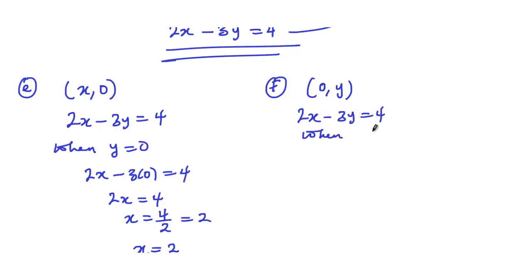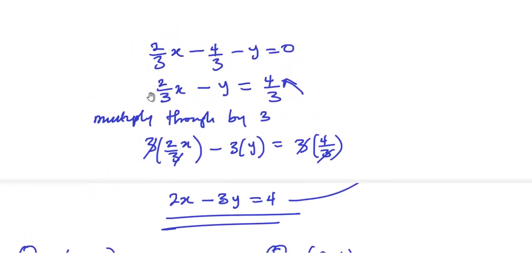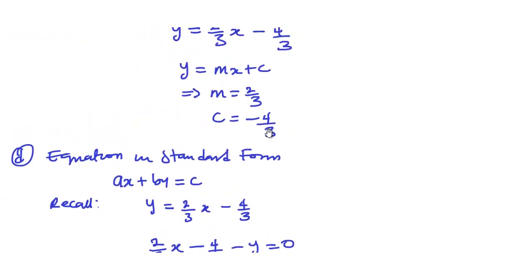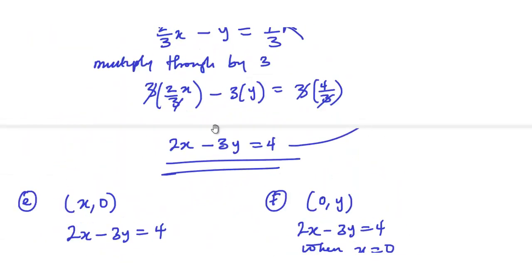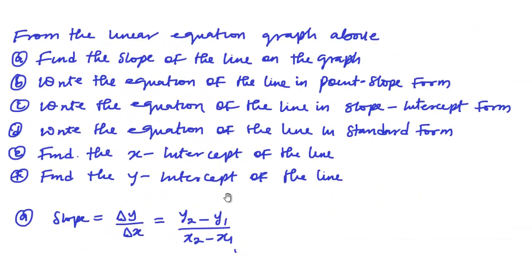So when x is equal to 0, we have 2 into bracket 0 minus 3y is equal to 4. So minus 3y is equal to 4, because 2 times 0 will give us 0. So y is equal to minus 4 over 3. So this is the y-intercept. If you look at it, we've gotten it from the slope-intercept form, minus 4 over 3. So I think we have solved all the questions that I wrote here, x and y-intercept.